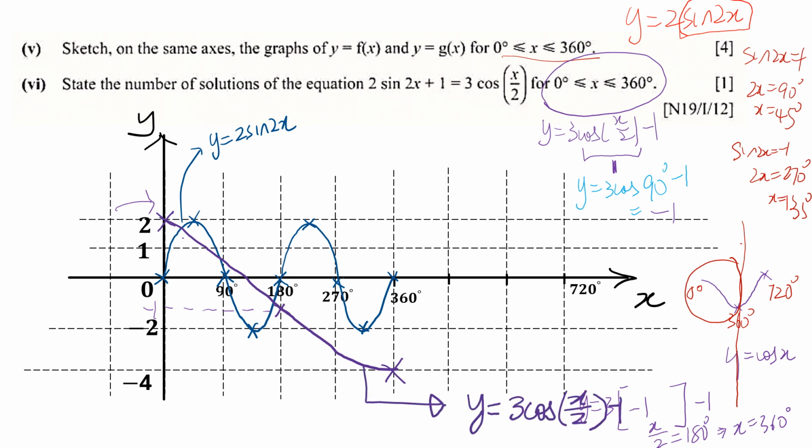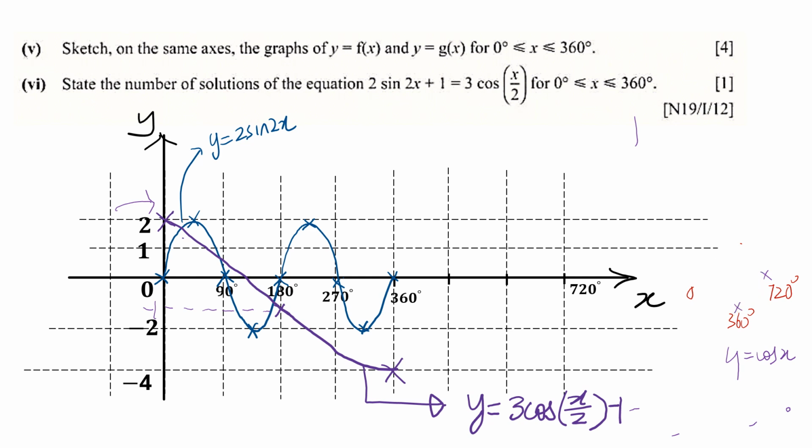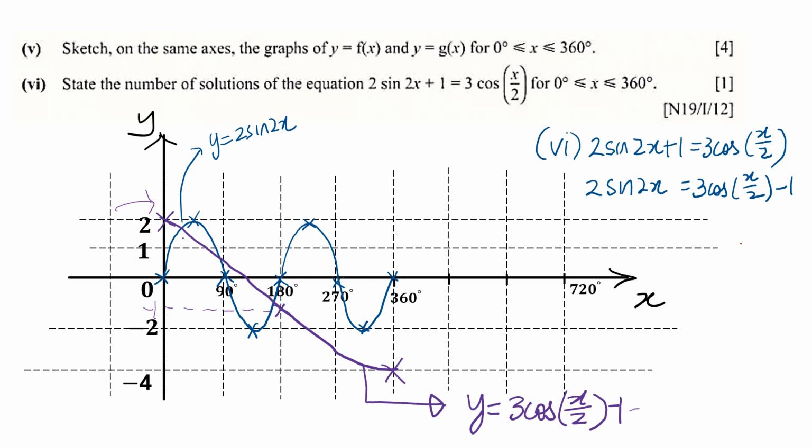Okay, let me erase all this. Then for part 4, we are asked to find the number of solutions for the equation 2 sine 2x plus 1 equals 3 cos(x/2). If I subtract 1 on both sides, you'll see that you actually get 2 sine 2x on your left hand side and 3 cos(x/2) minus 1 on the right hand side, which is exactly the functions we've just sketched.